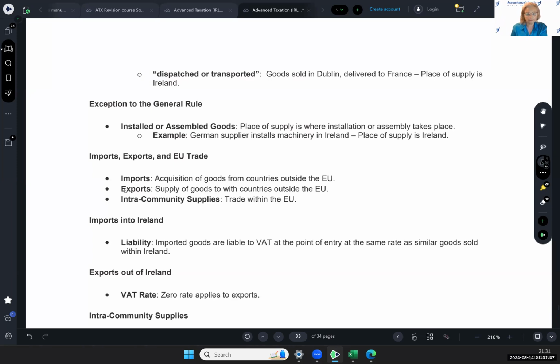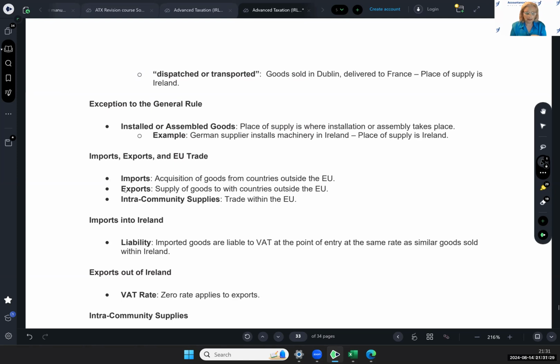Why does it matter whether it's intra-community in the EU or not? Well, because this sales tax system operates across the whole of the EU. It's an EU-wide sales tax system.